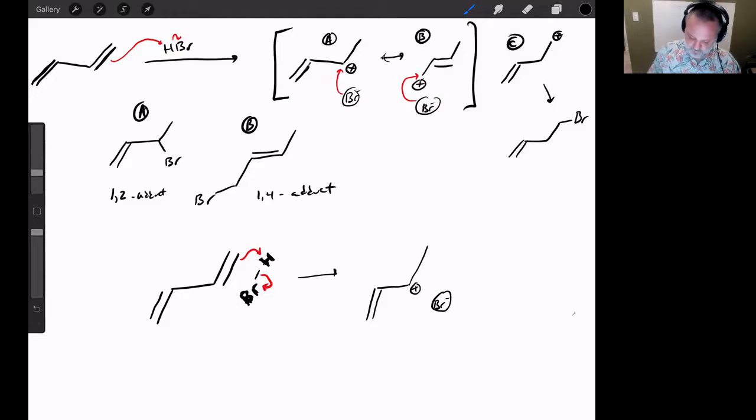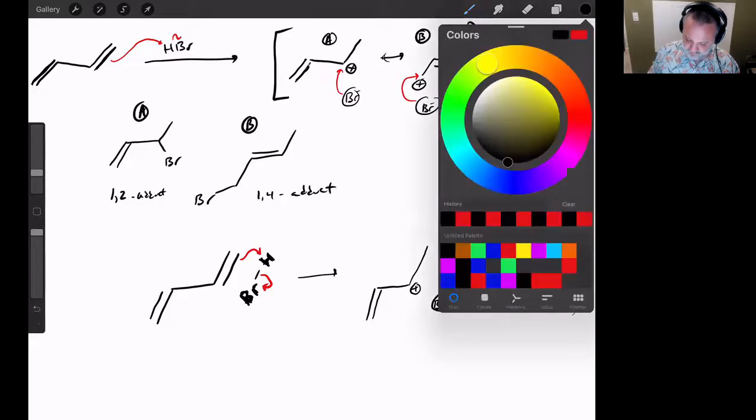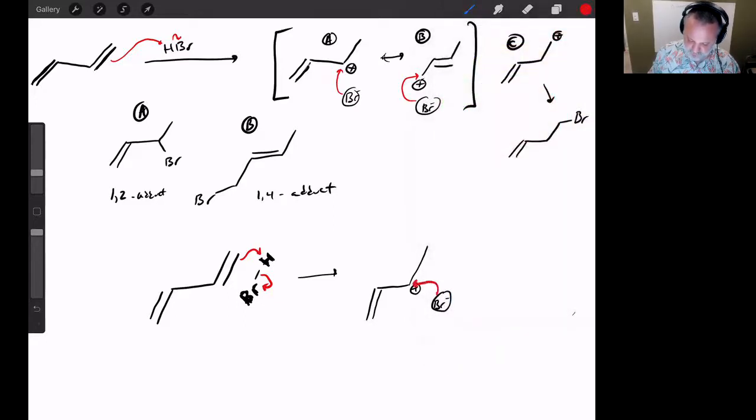Because this bromide is still hanging around, the reaction that forms the 1,2 adduct happens quite quickly. And so what we say is because it happens quickly, it must have a lower activation barrier. We can't invoke the Hammond postulate for that because the Hammond postulate leads us to a different conclusion. So that's what I want to say about what was going on earlier today.